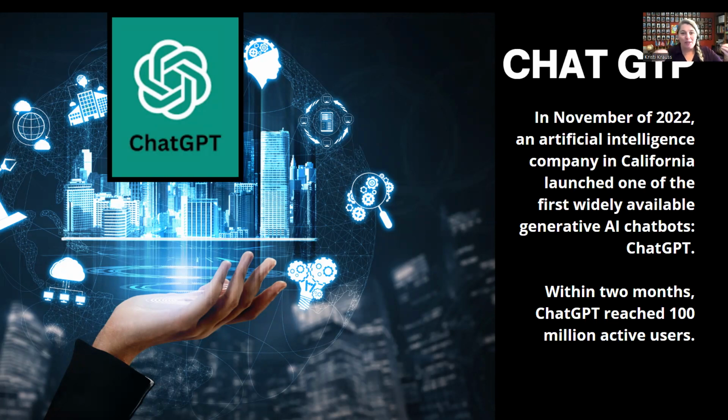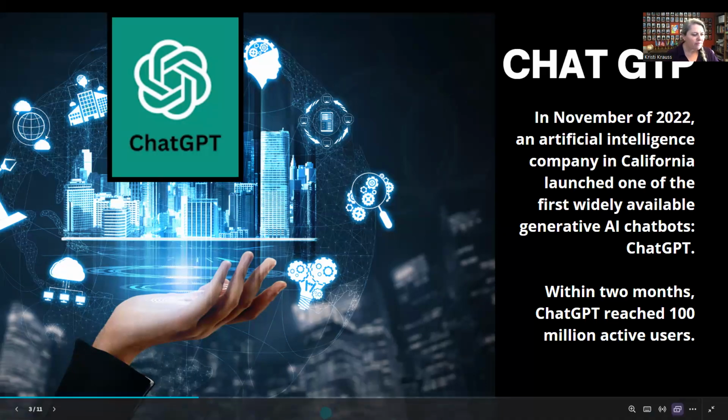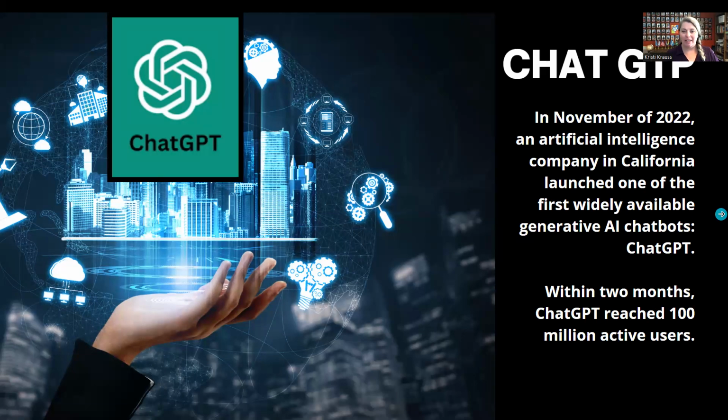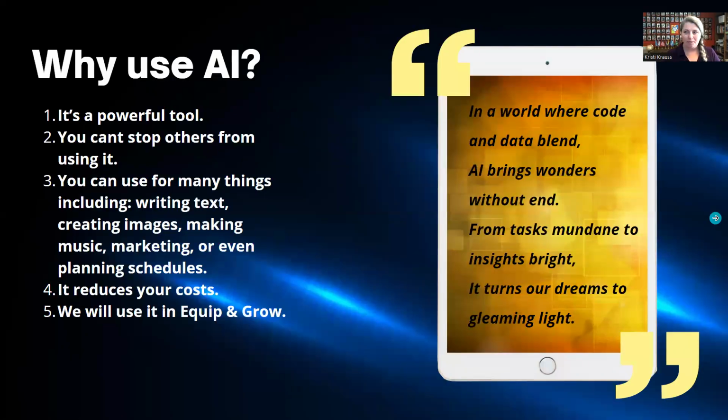So this was the first and most famous, and I started using it, and I do recommend it. However, there's lots for you to choose from. So you do not need to use only this one. You can use any of them. There's a free version. You can sign up to use ChatGPT, or you can purchase the pro version.